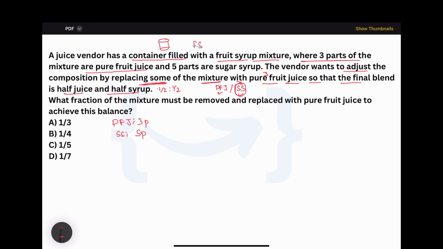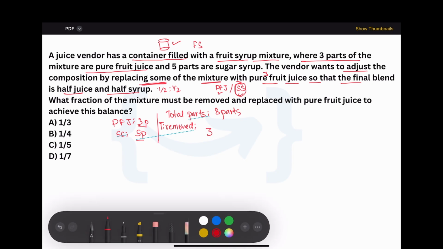Clear? So from this information, I have 3 and 5. So the total number of parts is 8 parts present in my juice container, isn't it? And how much to remove? Let me write it clearly.